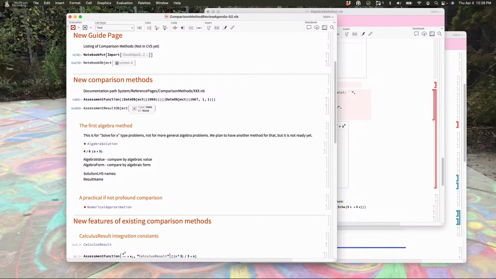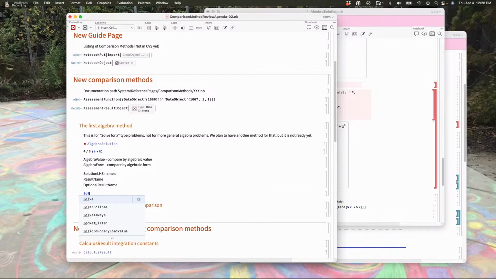Optional result name. I think people would understand what that is.